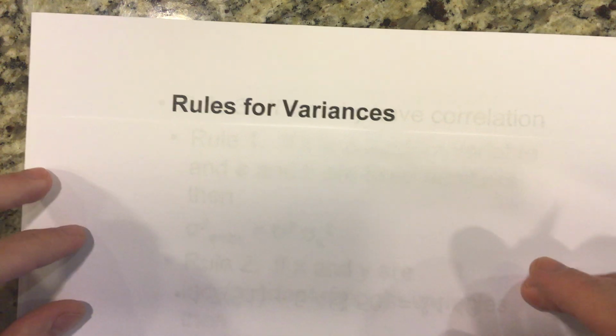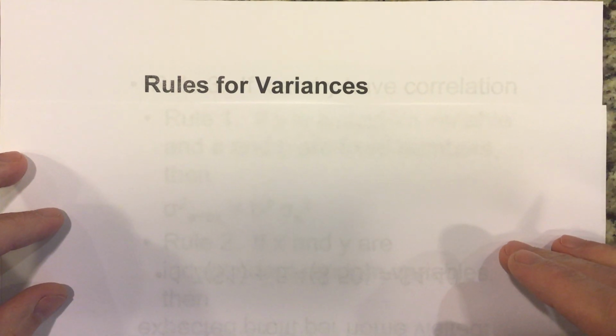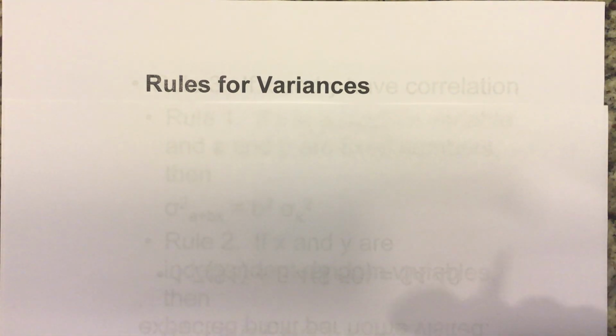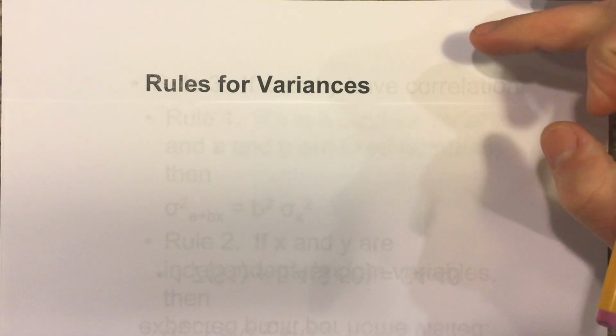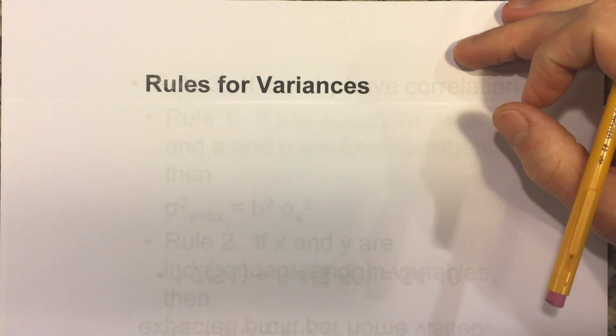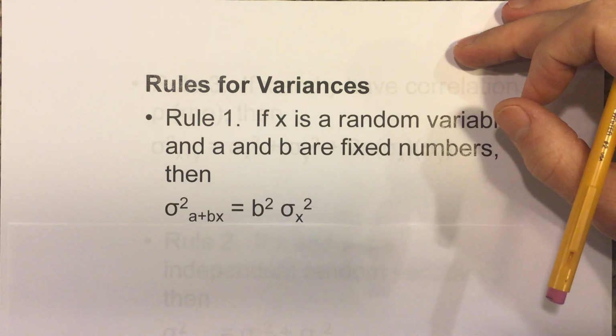Let's move on. Let's look at variances. Now, most students do well with the means. Variances are where I notice students sometimes struggle. Again, we actually went over the first rule previously back in, I think it was chapter 2, when we did linear transformations of data sets.